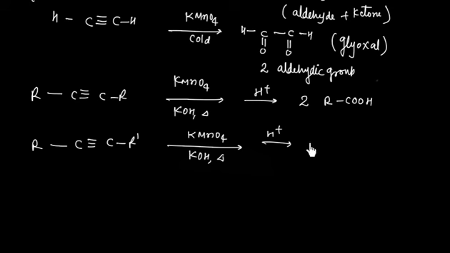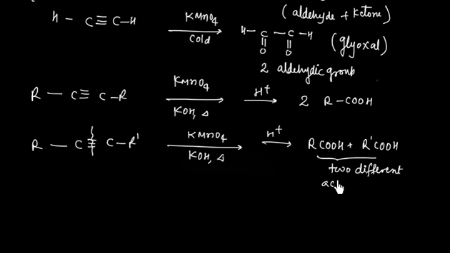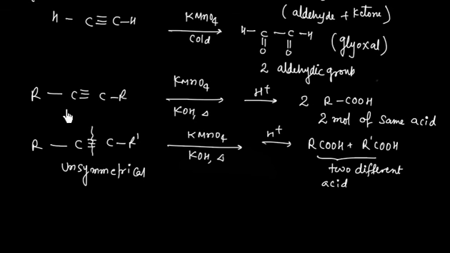So we'll have one R-COOH, another R'-COOH. So this time two different acids. This means the alkyne is unsymmetrical. And if I get 2 moles of the same acid, this means the alkyne is symmetrical.